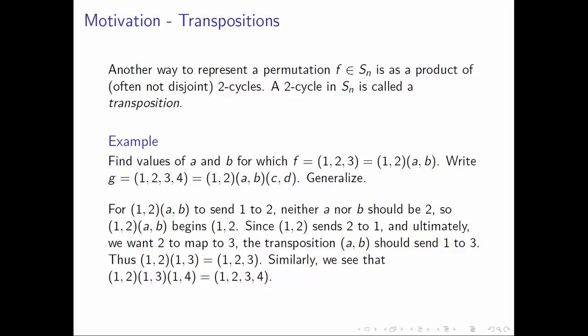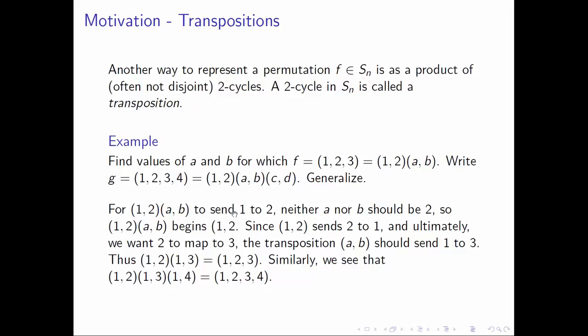From there, what we need to do is figure out where 2 gets mapped to continue writing things in disjoint cycle notation. So we return back to this (1 2)(A B), and we notice that in the first transposition the number 2 gets mapped to 1. Now, we don't want the number 2 to get mapped to 1. We want the number 2 ultimately to be mapped to 3.